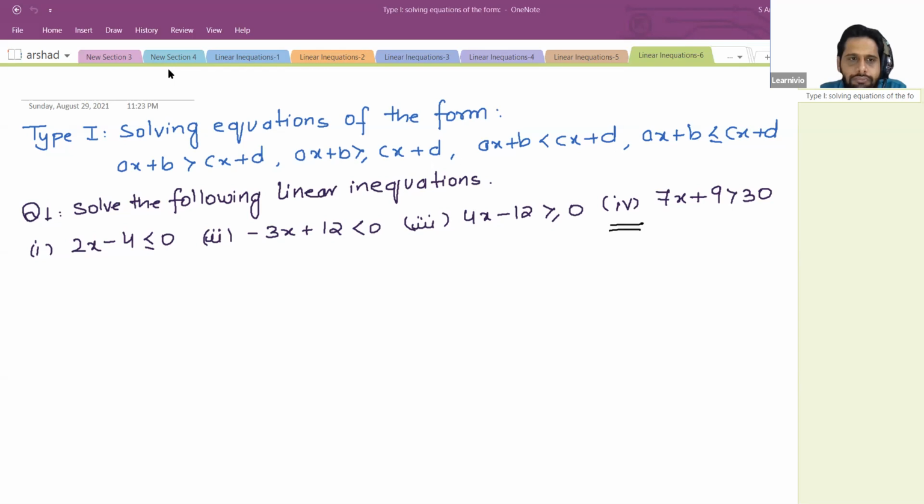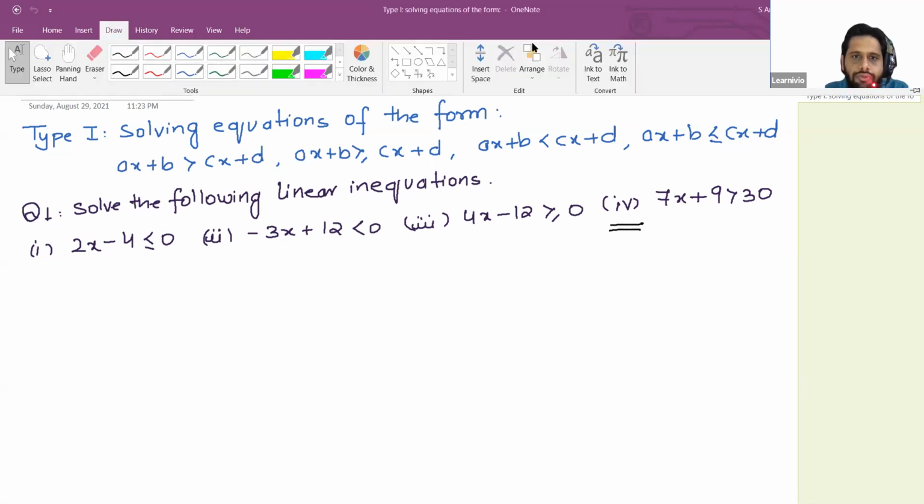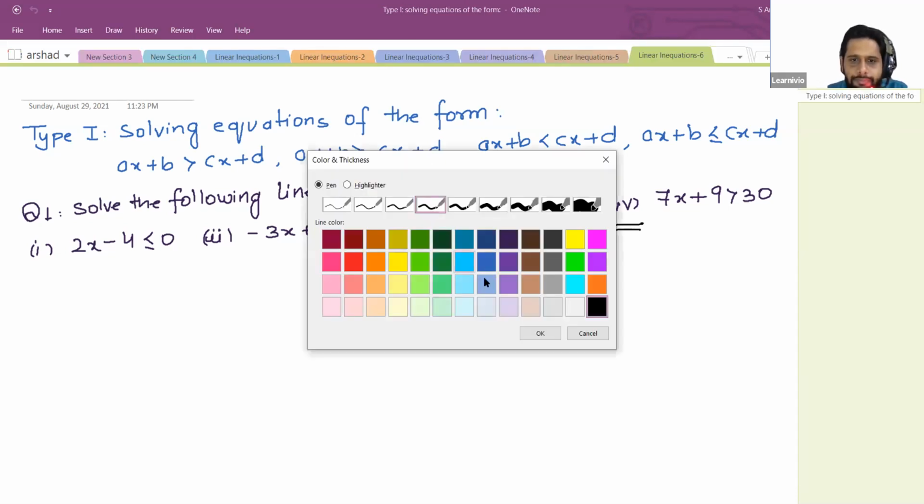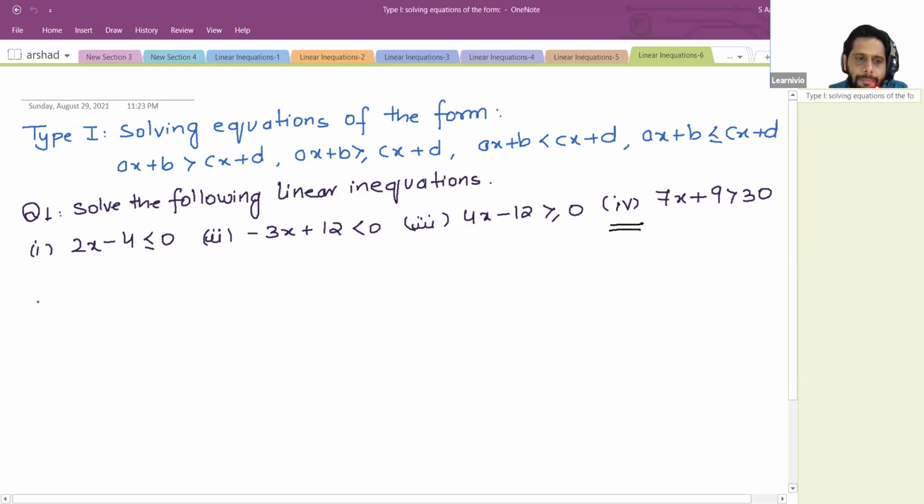So 2x is less than or equal to 4. So should we divide it? John, will you please repeat your answer? So I got 2x less than or equal to 4. Okay.